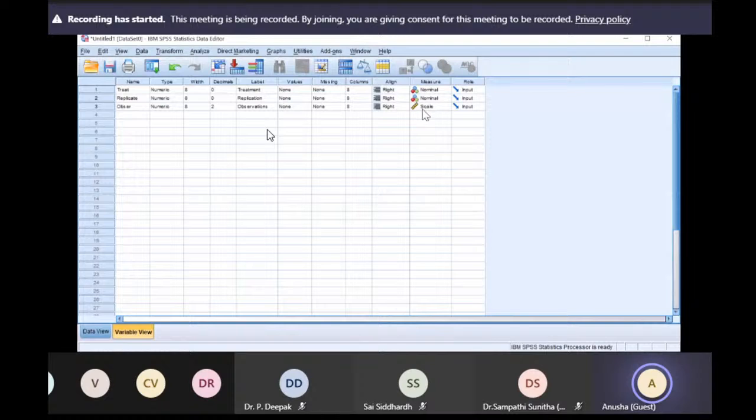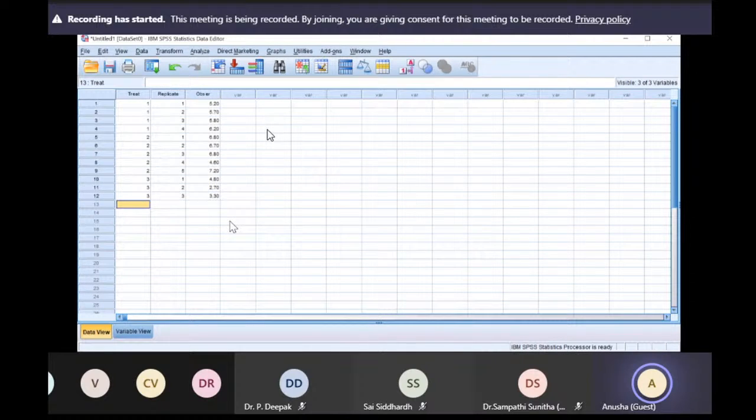So for the treatments, A, B, C can be used. In case you are setting values, instead of the numeric values that I have placed, you can also use the labeling value. Then go to the data view.